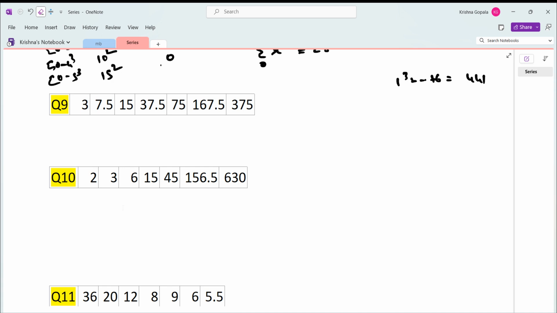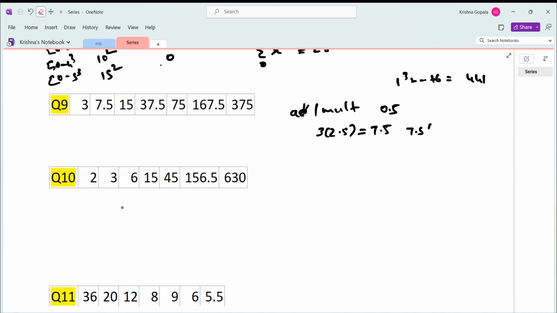There is some point 5 involved. That means there must be some addition or multiplication with some point 5. Right. Now 3, 7.5. What do we do? 3 into 2.5 is 7.5. This is one way.